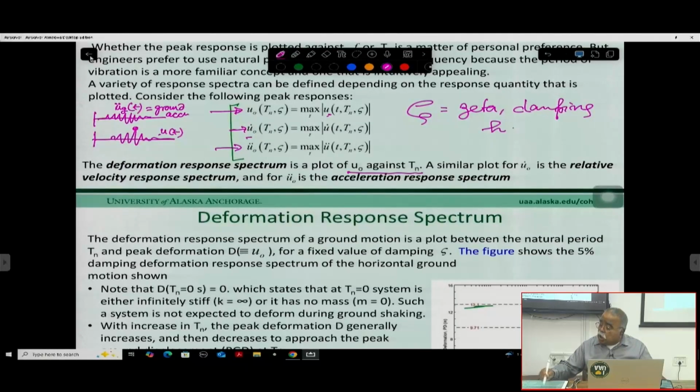And U0 dot is called the relative velocity response spectra. And U0 double dot will be the acceleration response spectra, right? So these are the three things you can calculate, right?